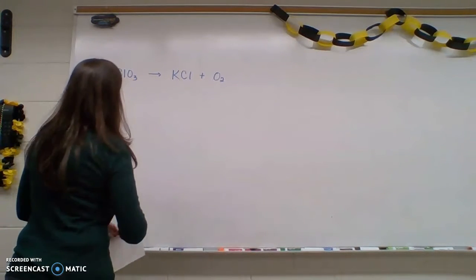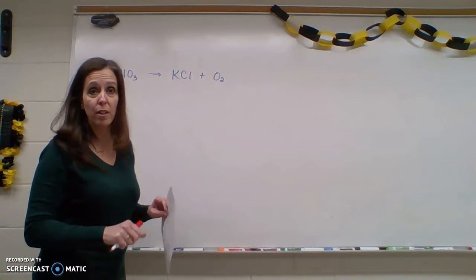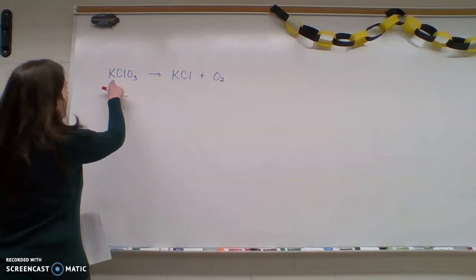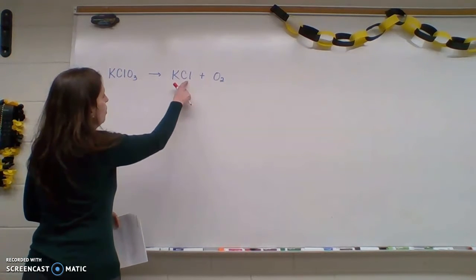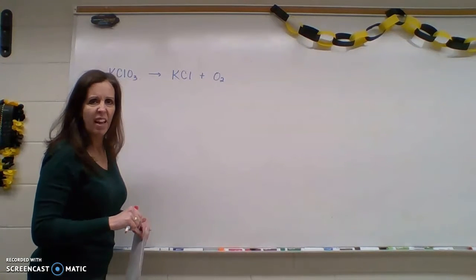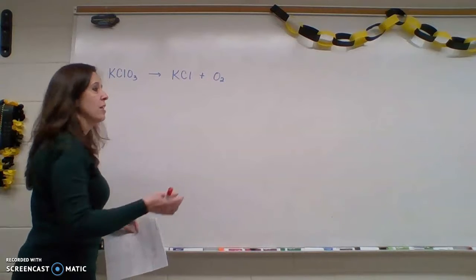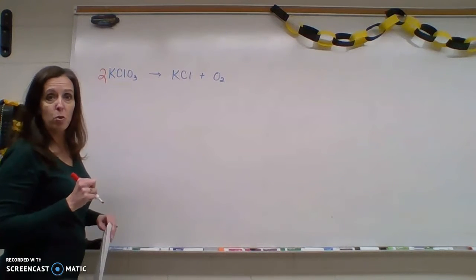So here goes. Just like yesterday, the very first thing we're going to do is balance this equation, okay? 1 K, 1 K, 1 Cl, 1 Cl, 3 oxygens, 2 oxygens. That doesn't work. So remember when we're balancing our equations, if it doesn't work, we go back to the first one and we put a number 2 there.